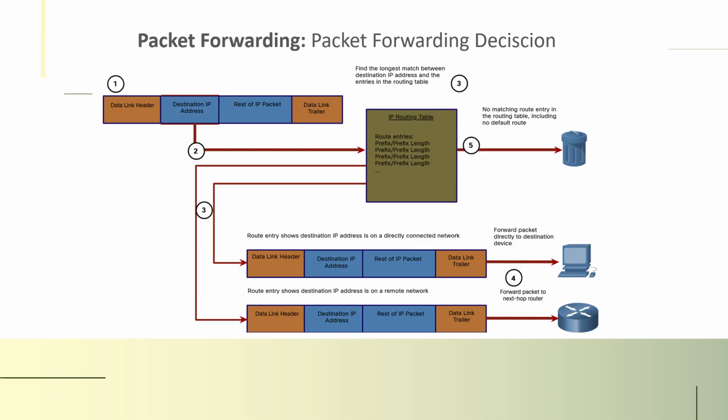So let's see how it makes these decisions. When it forwards the packet to a device on a directly connected network, if the route entry indicates that the egress interface is a directly connected network, this means that the destination IP address of the packet belongs to a device on the directly connected network, and therefore the packet can be forwarded directly to the destination device.